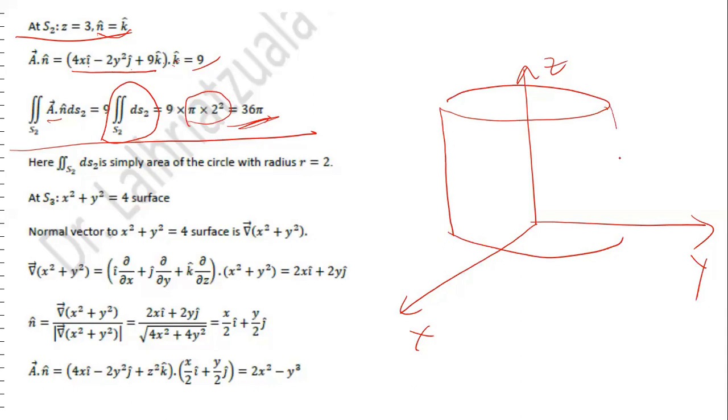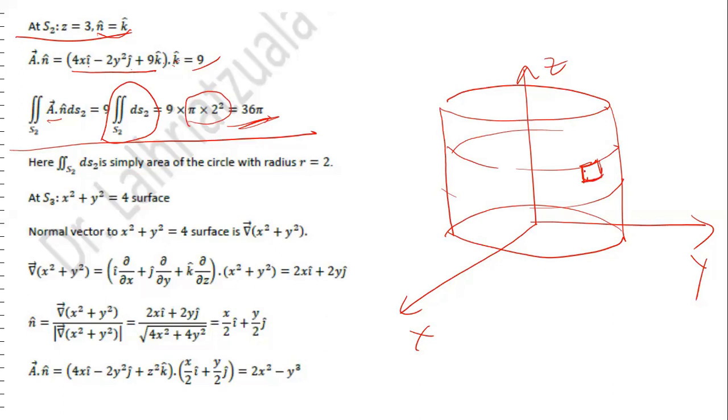I hope that you can picture a curved surface. So in order to perform a surface integration over this curved surface, we need to find a surface element on the curved surface.